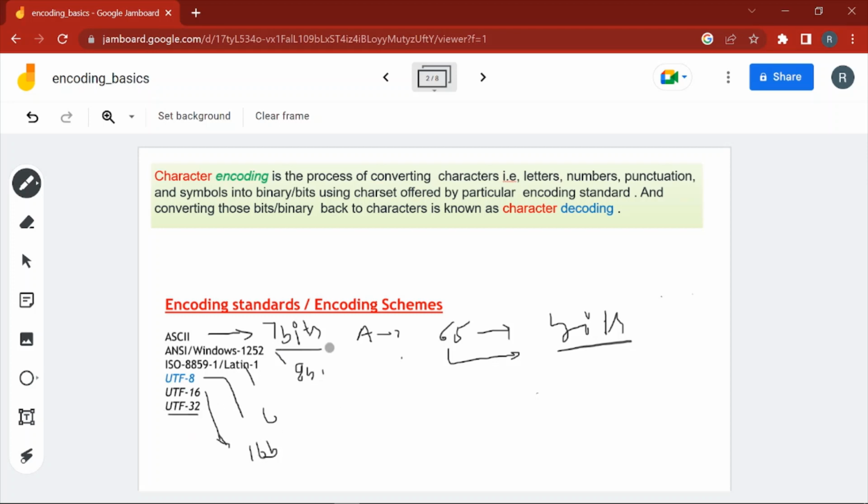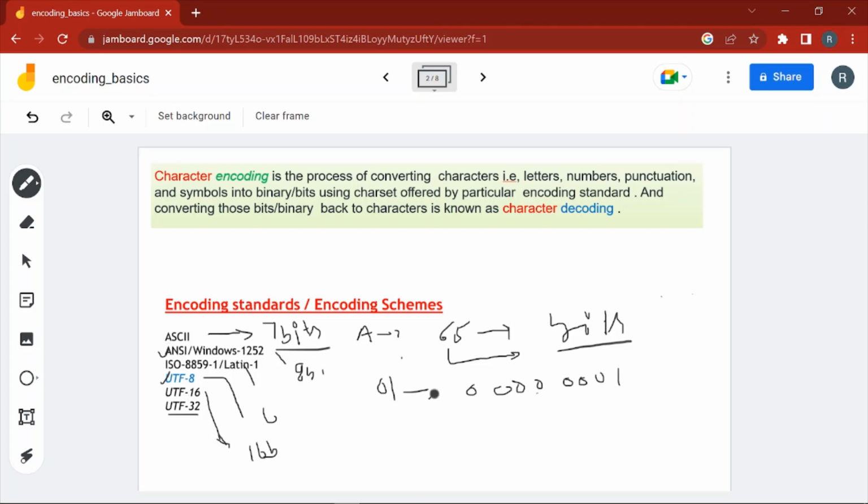These are known as code units. Suppose you have a particular number, 1. You can represent this 1 with 8 bits in UTF-8 or ANSI.